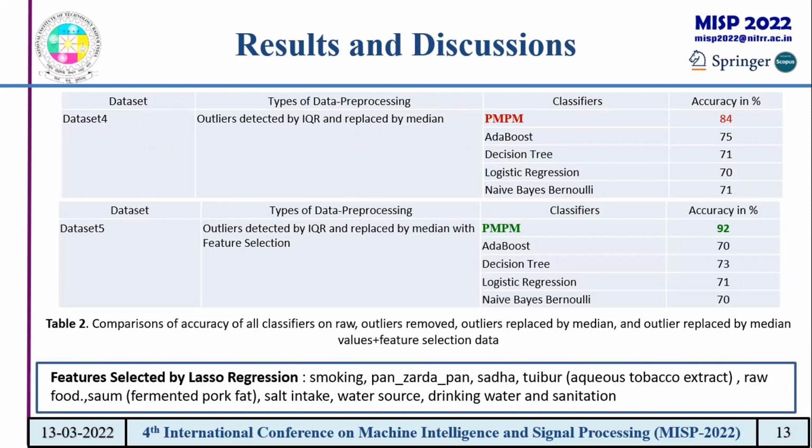Then finally, we applied a feature selection method on this IQR detector, replace-median data set, which gives the highest accuracy of 92%.